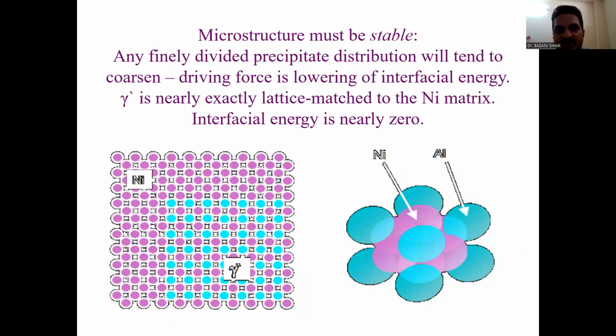This shows a clear picture of the multi-structures, how they will be stable in these conditions, and how the distribution is finally divided, with the driving force being the lowering of potential energy, and how the nearly exactly lattice-matched precipitate with the nickel matrix has interfacial energy that is nearly zero.